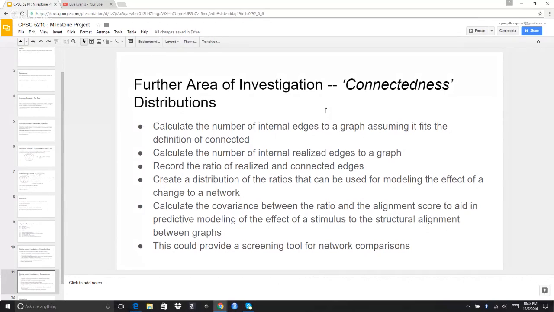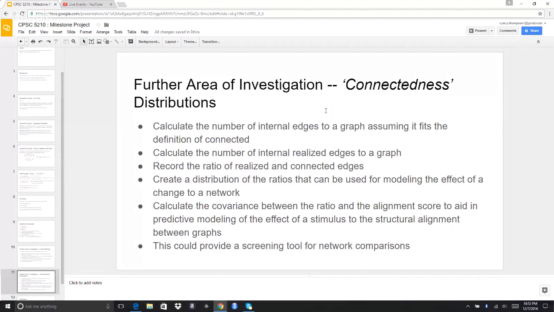So again, the way that it would work is you have a distribution reflecting the ranges of interconnectedness after a single stimulus has been applied. And then you also have a distribution of alignment scores, of the maximum alignment or maximum matching between graph 1 and graph 2.